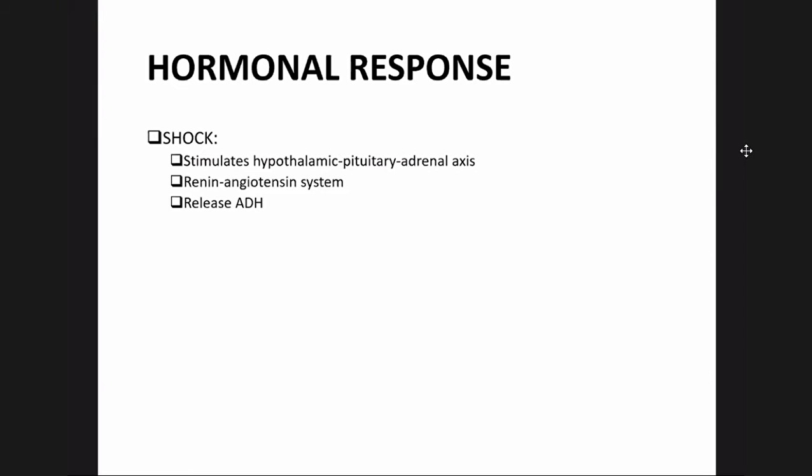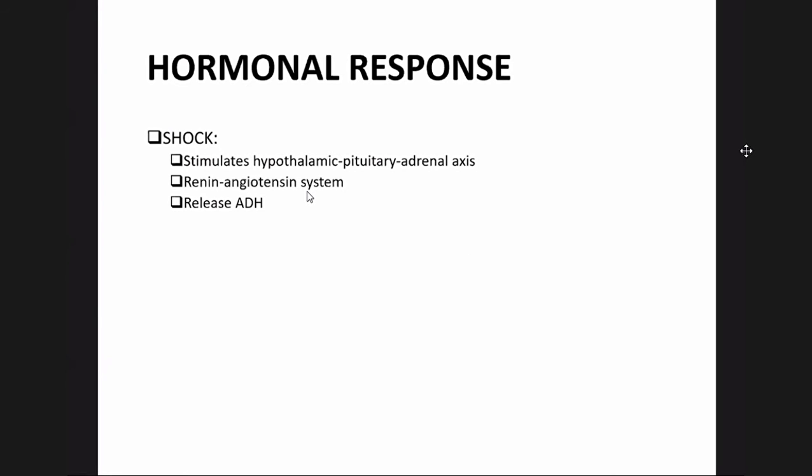So when there is hemorrhage, the macula densa detects the decreased sodium in the blood.